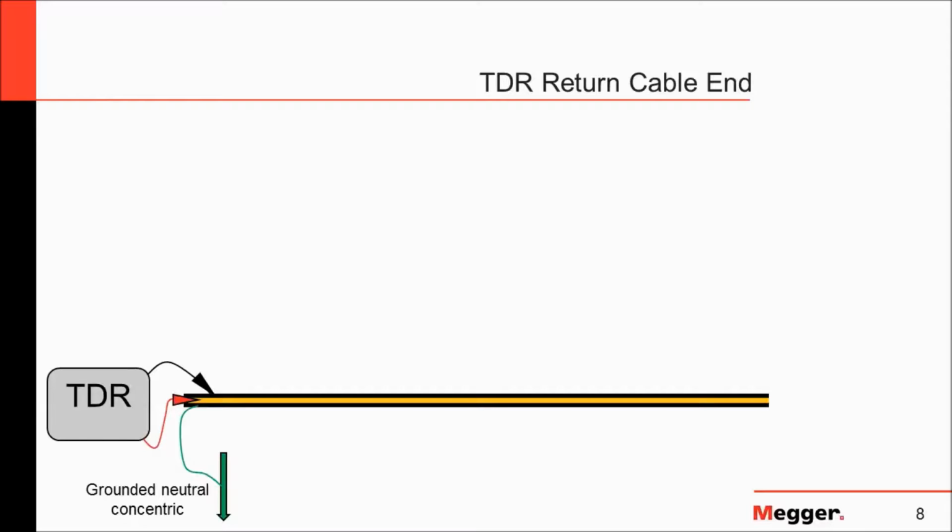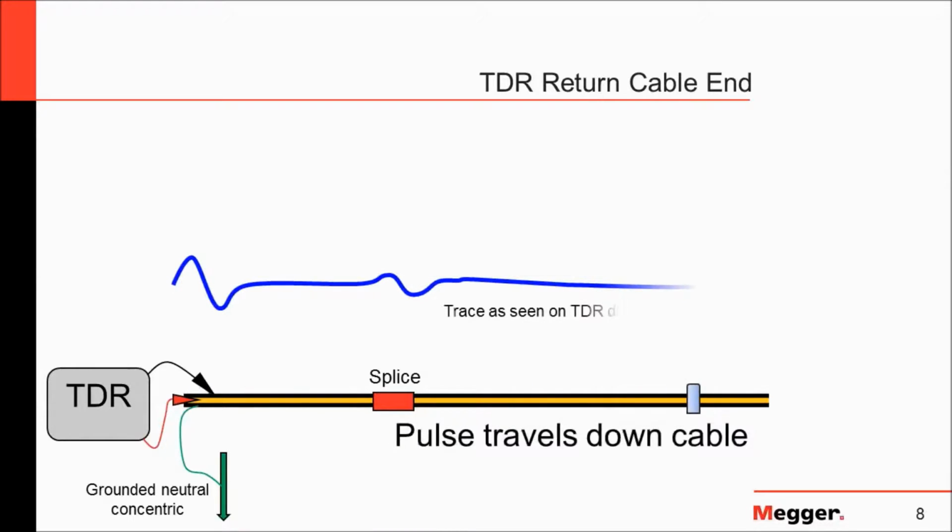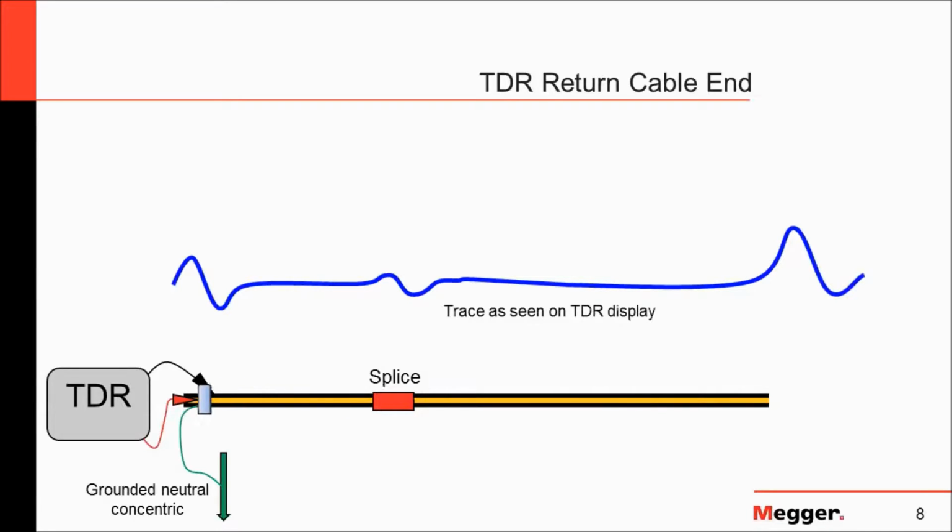Here we have a TDR connected to a medium voltage cable. It's not shown clearly, but the neutral concentrics of this cable are grounded at each end, and the TDR is actually connected to the neutral concentric and the center conductor. This particular medium voltage cable has a splice in it. So the TDR is going to release a low voltage pulse when we tell it to. The pulse is traveling down the cable and reflecting back. In the middle of the screen, you can see this blue line.